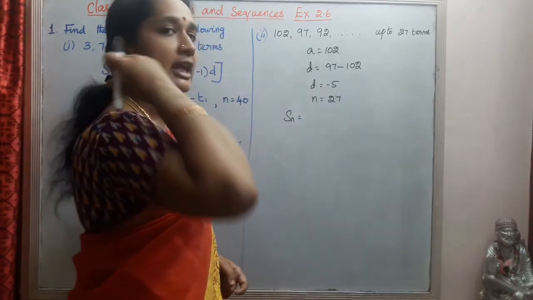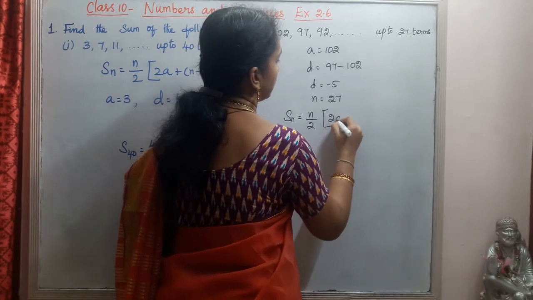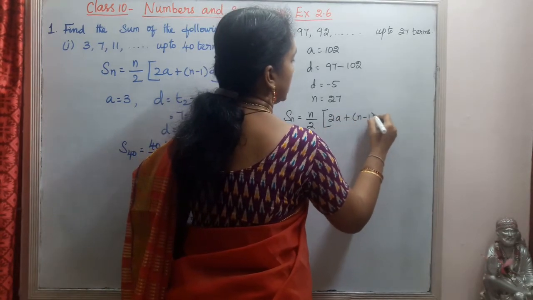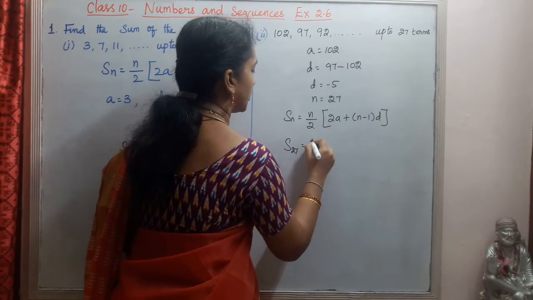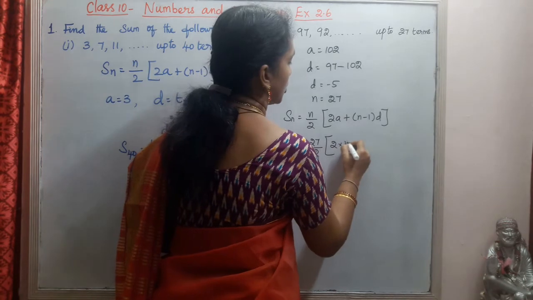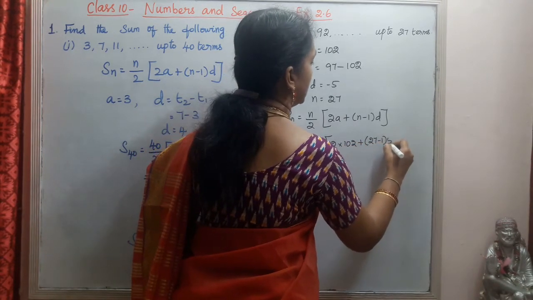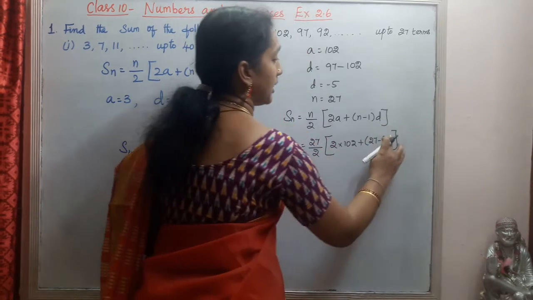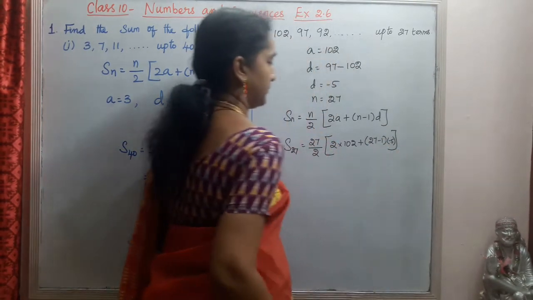Sn is equal to n by 2 into 2a plus n minus 1 into d. So S27 is equal to 27 by 2 into 2 into 102 plus 27 minus 1 into minus 5.